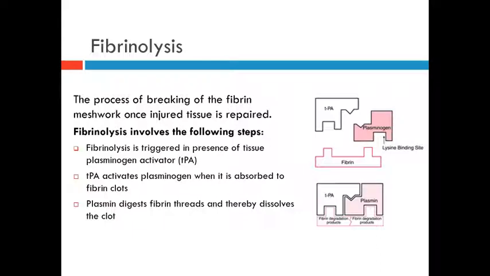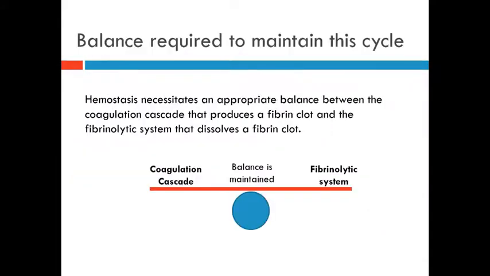Plasmin is responsible for digesting the fibrin thread. So this process of formation of clot and breaking down of clot is very common. It happens in day-to-day life. So there is a balance which is maintained between formation, that is coagulation cascade, and fibrinolytic system.